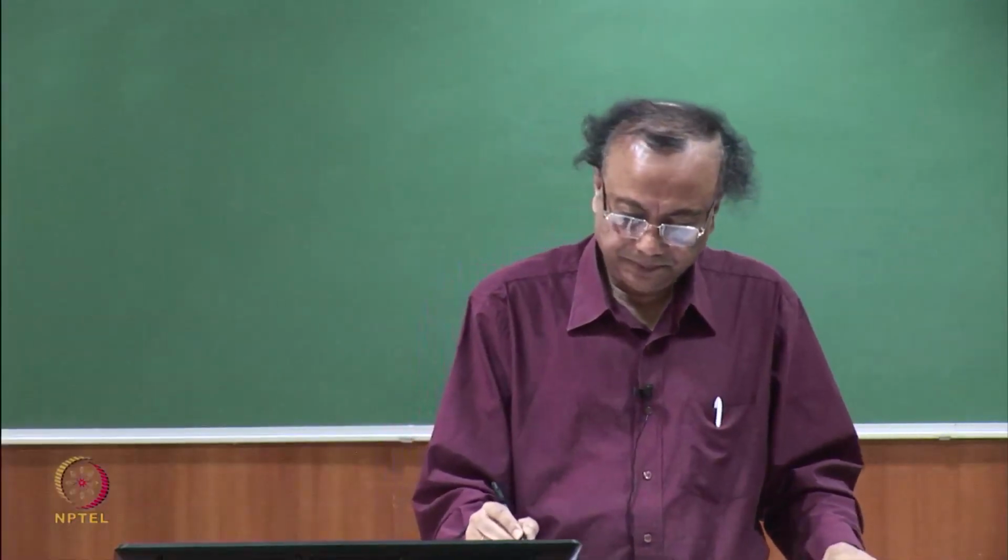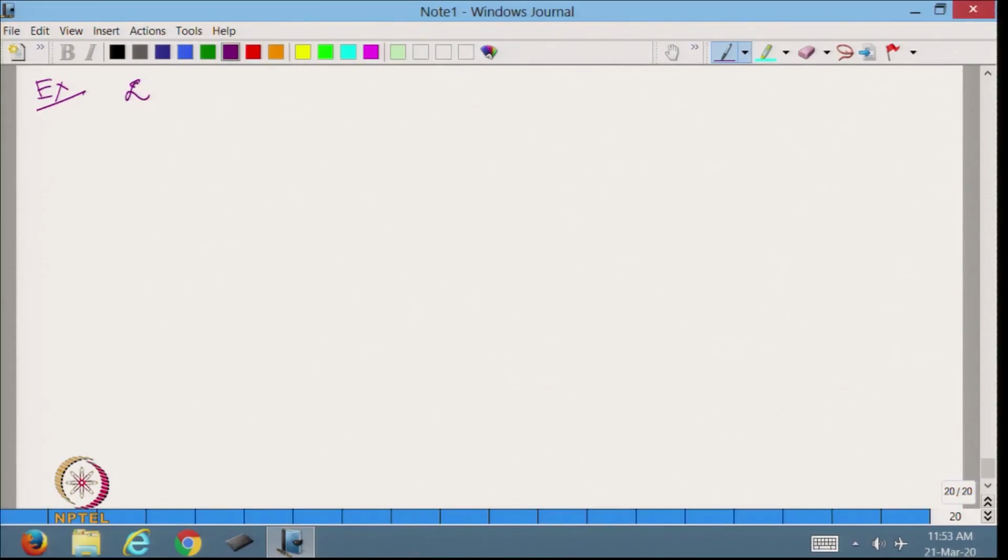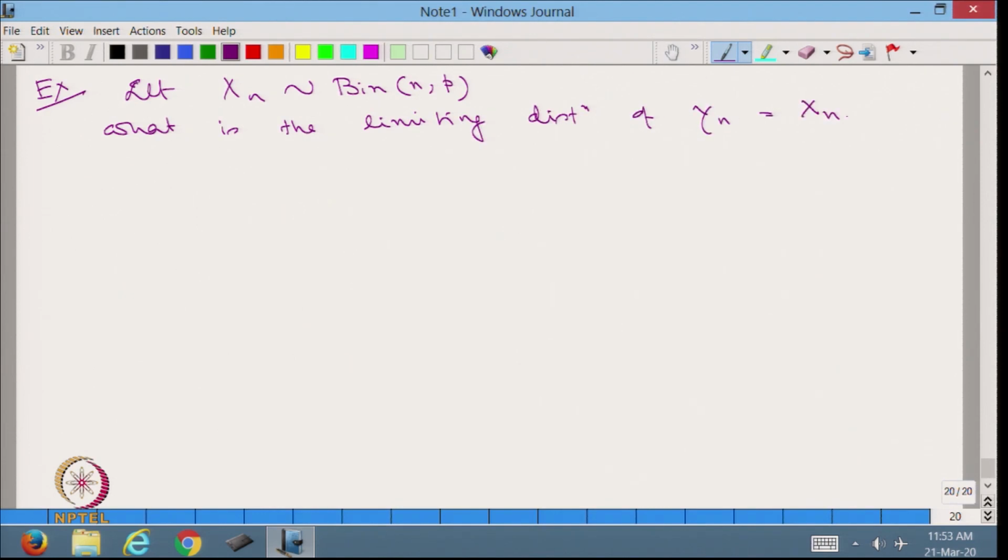Another example: let X_n be distributed as binomial with parameters n and p. What is the limiting distribution of Y_n equal to (X_n minus np) upon root over npq?